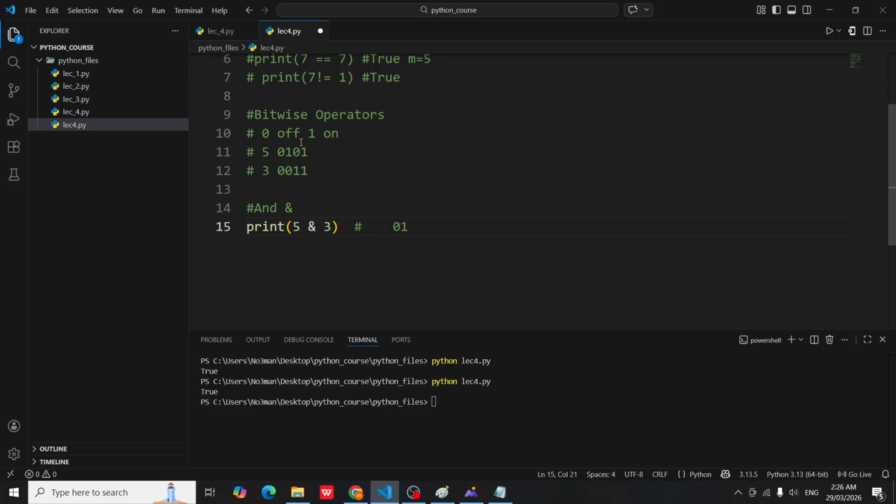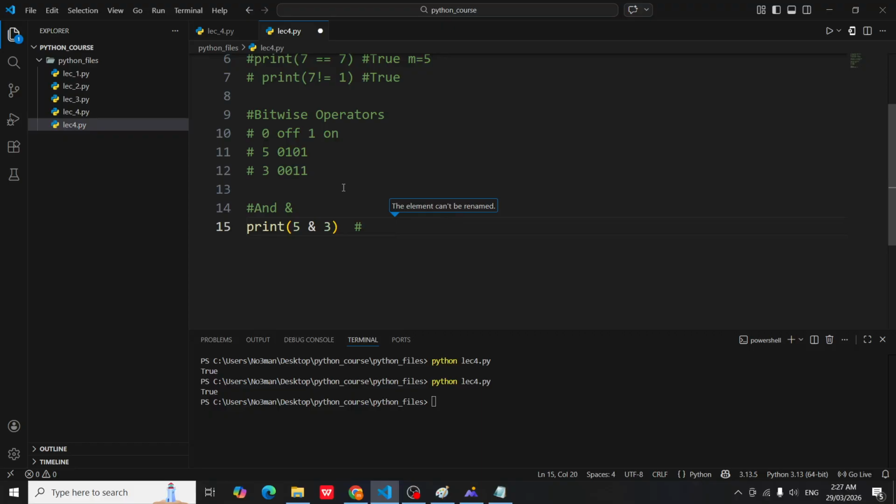One on, one off, so it should be off. Both off, so it should be 1.